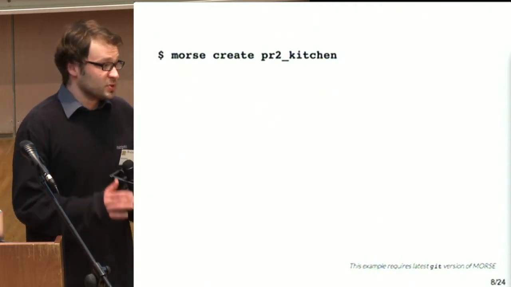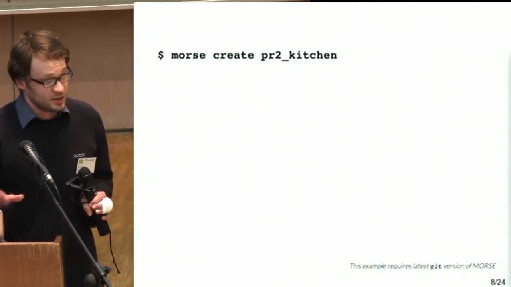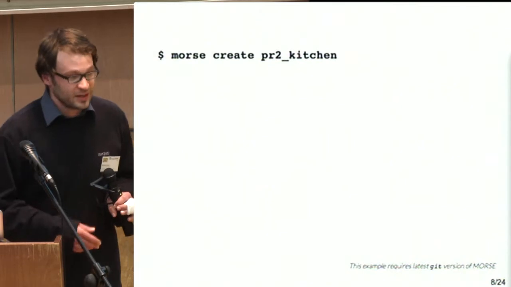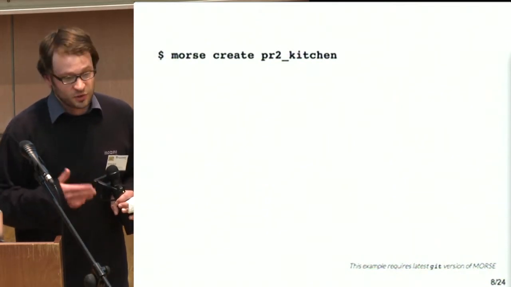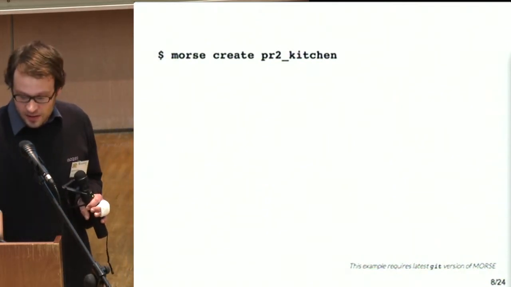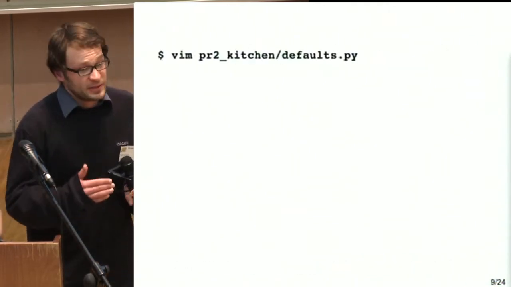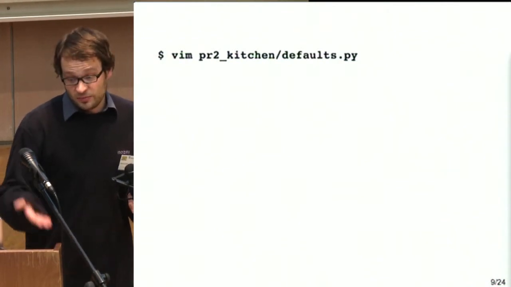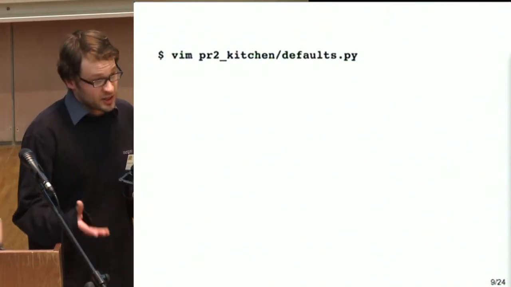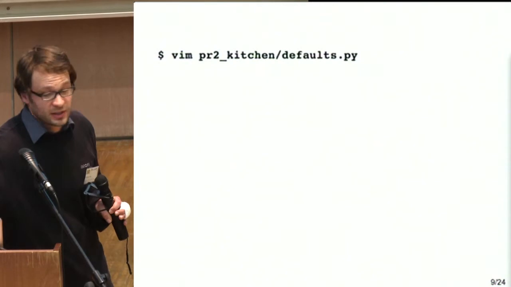It produces an environment where you can put your scripts, your robot, basically your definition of your simulation. It also creates a default.py file, which is basically the place where we define our simulation. As you can already see from the ending, it's Python, so you can use basic Python to describe your simulations.